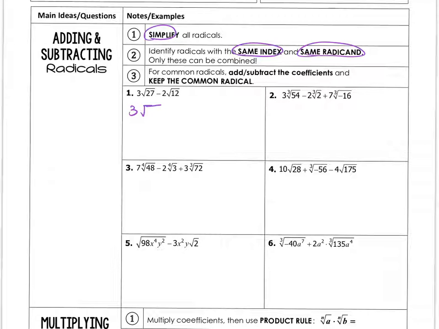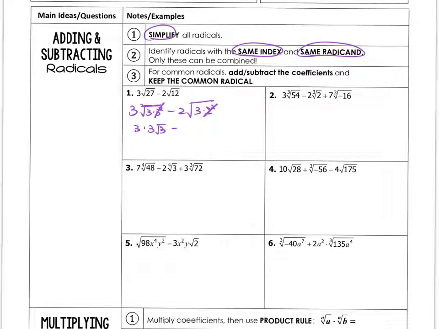27 is 3 times 9, right? So 9 is a perfect square, and 12 is 3 times 4, so 4 is a perfect square. So like I said, this square, the 2, and the invisible 2 in front of the radical can be canceled, so that 3 comes out, and there's still one 3 remaining.